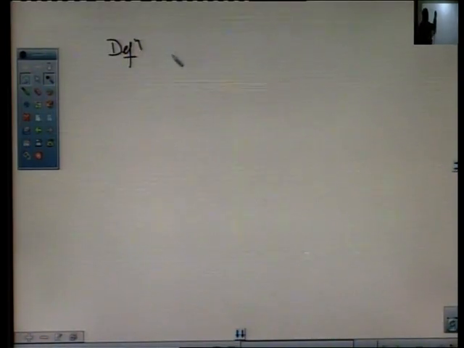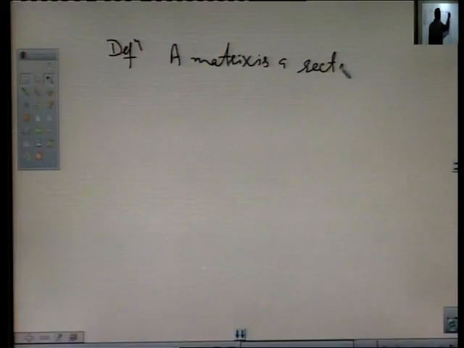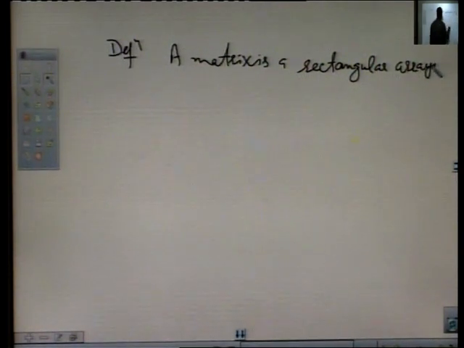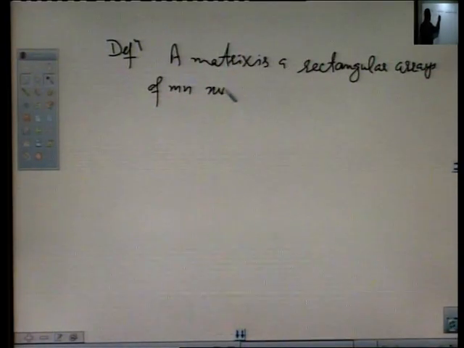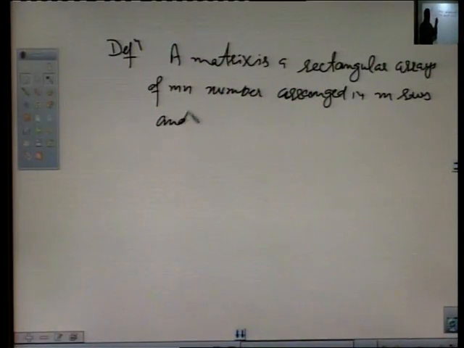A matrix is a rectangular array of mn numbers arranged in m rows and n columns.